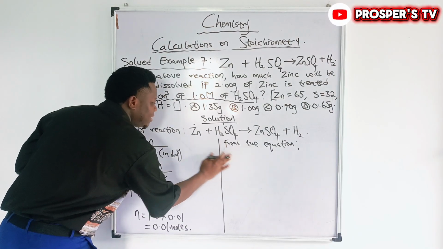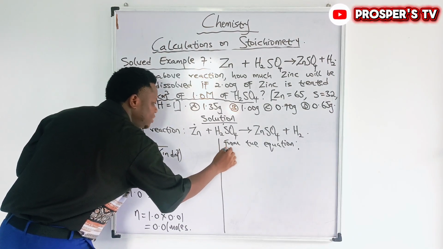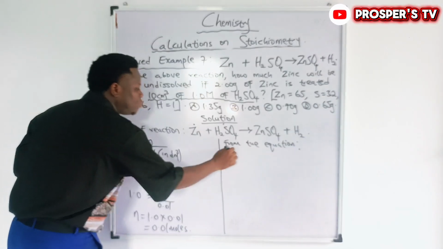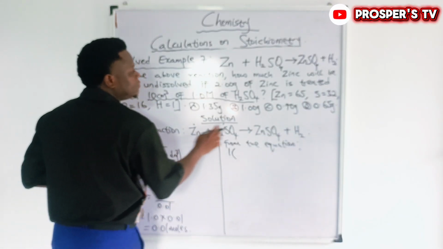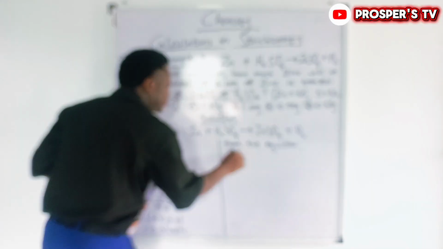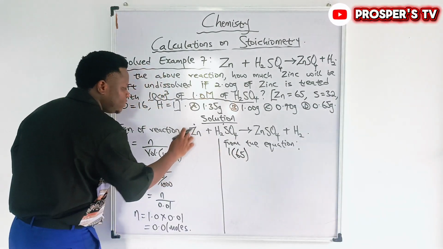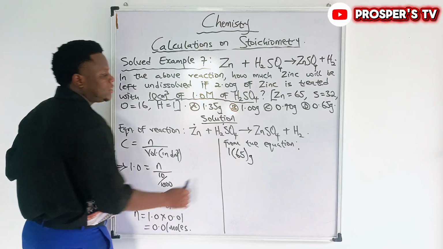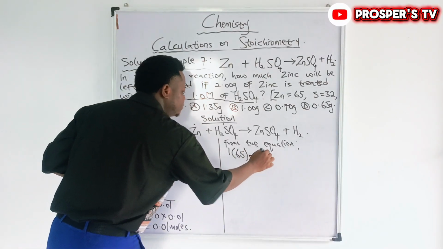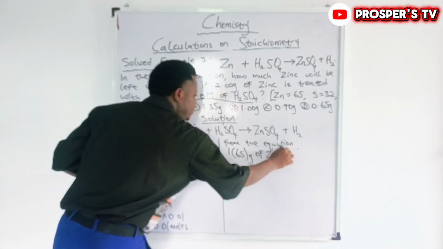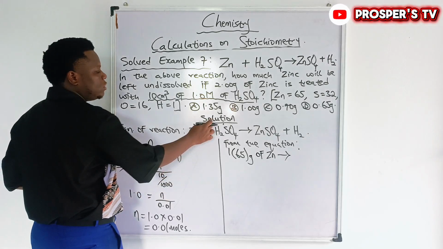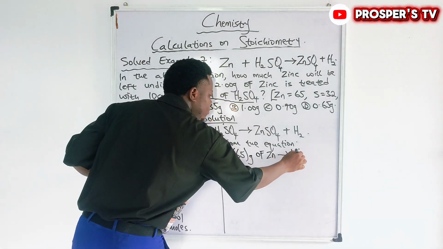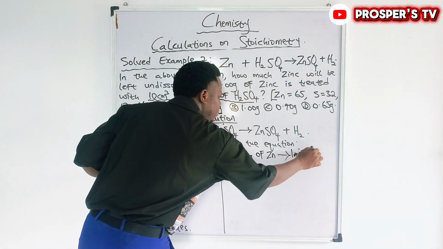Though it's not that important, but I'll put it because I'm following a system. So this is 1 multiplying what? The atomic mass of zinc is 65. So if here were to be 2, ensure to also put the 2. So 1 times 65 gram of zinc is reacting with what? 1 mole of H2SO4.